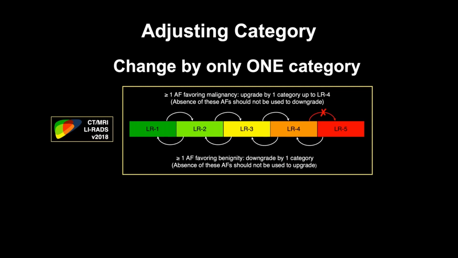First of all, no matter how many ancillary features you observe, you can only change the category by one. So you can go from an LR-1 to an LR-2, an LR-2 to an LR-3, an LR-3 to an LR-4, or you can move from a 5 to a 4 to a 3, etc., based on whether you see ancillary features that suggest malignancy or ancillary features that suggest benignity.